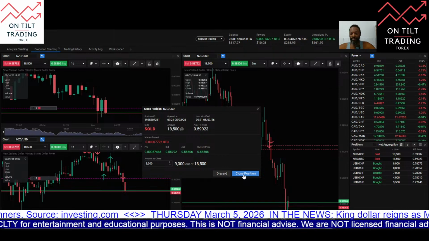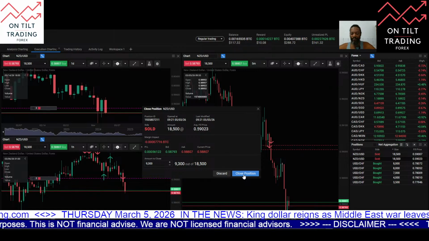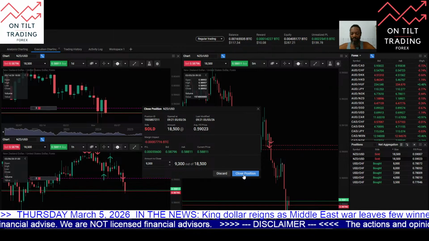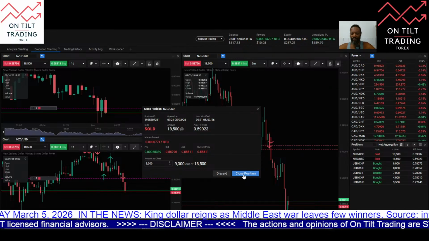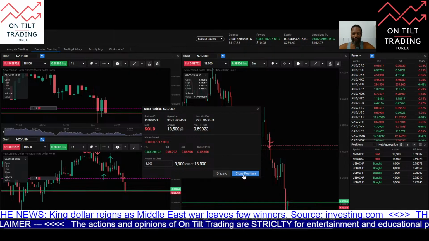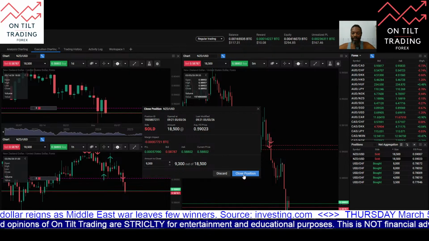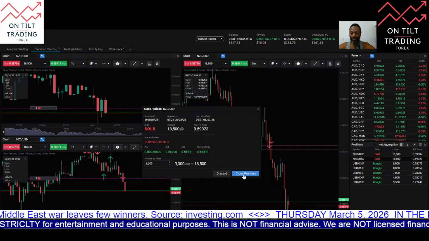Also just considering taking a profit right here because price may need to go up before it can come back down. As you can see, price is struggling to get much lower. It may need to seek out some liquidity in order to do that, or this could just be consolidation in general here.